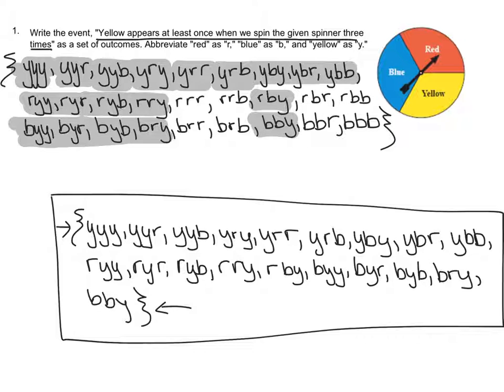And this represents our answer to the entire problem. And just as a note, you can list these outcomes in any order within the set of outcomes. So for instance, I have YYY as my first outcome, but we could have it as our last outcome. The order in which we list each outcome within the event does not matter.